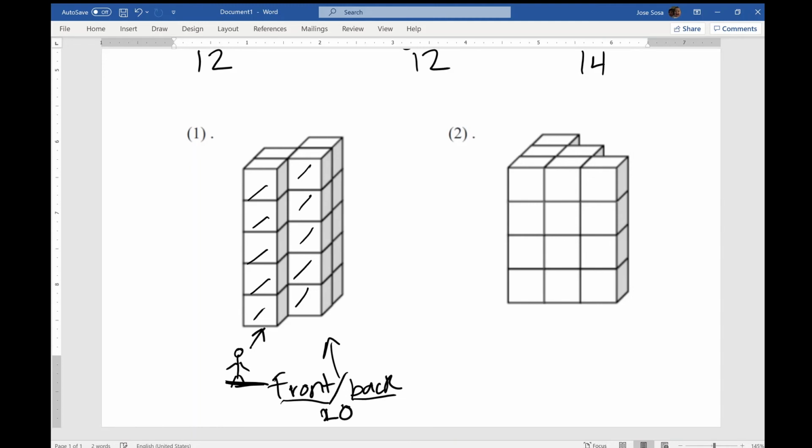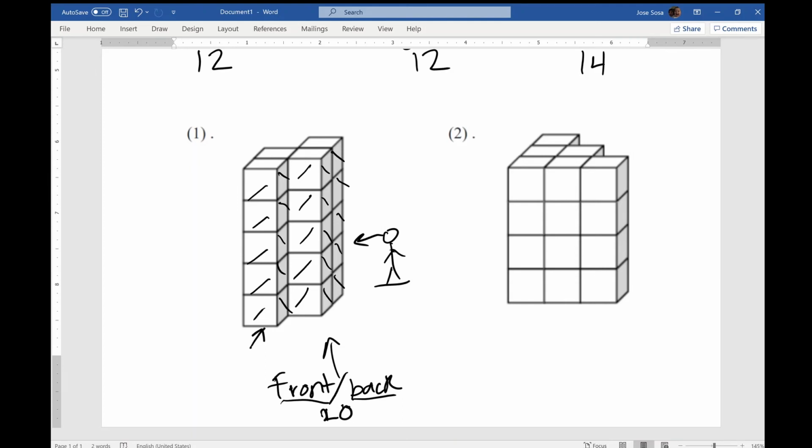20 units there. Now, I move from this side, and I'm standing now on this side, looking this way. Well, in that case, I'm going to have to count 1, 2, 3, 4, 5, 6, 7, 8, 9, 10, 11, 12, 13, 14, 15.